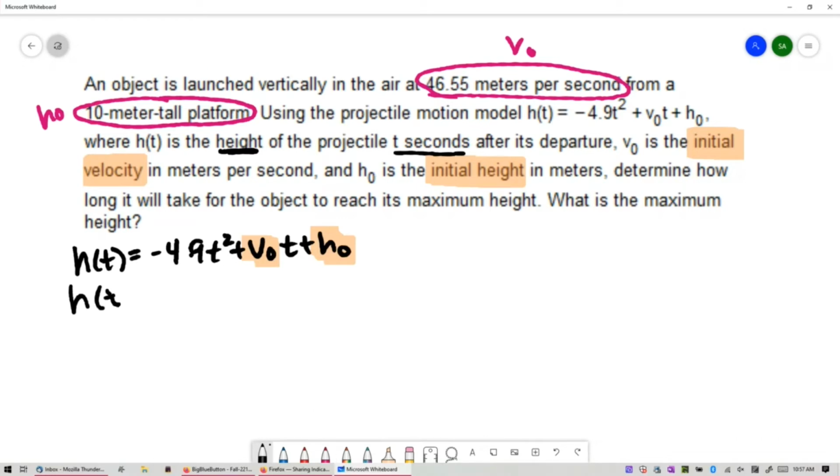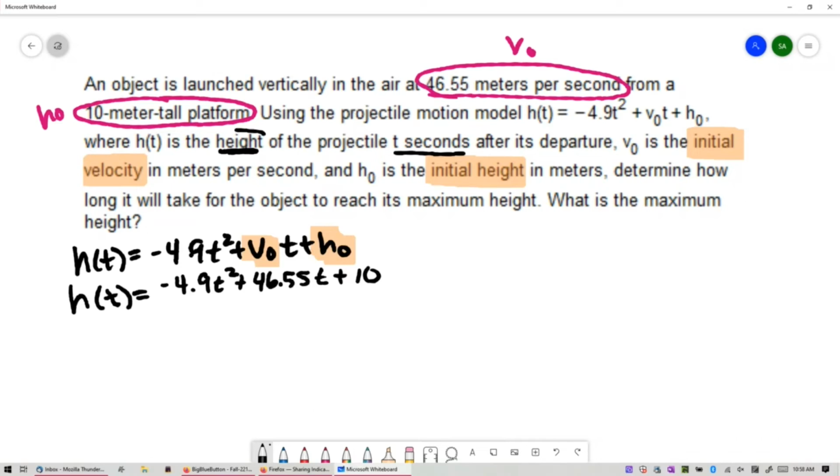We have h of t equals negative 4.9 t squared plus 46.55 t plus 10. So now we have our model for the height.